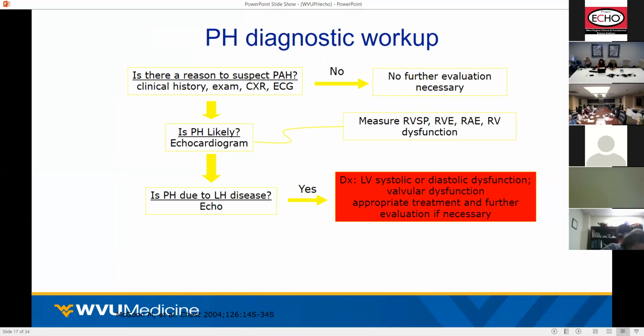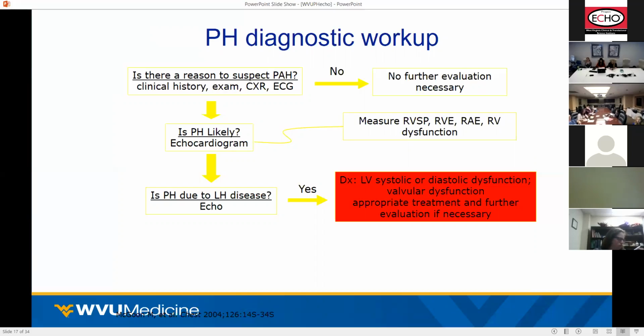The diagnostic workup that I think is important for you is, you look at a patient, and is there a reason to suspect PAH? Clinical history, exam, chest X-ray, CT chest showing a dilated pulmonary artery, the EKG showing maybe some evidence of pulmonary hypertension.